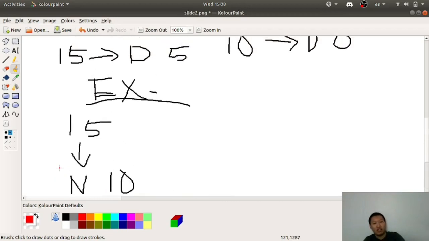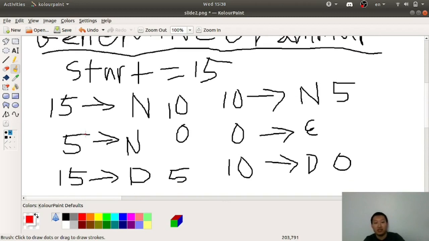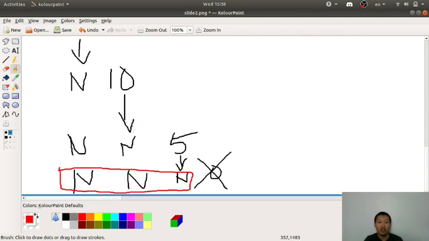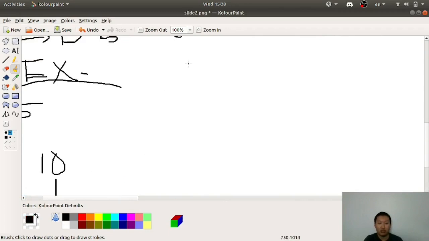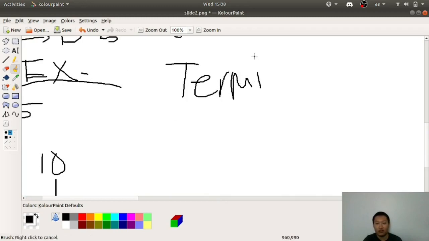Okay. And so there are two different types of symbols in these rules here. There are the symbols that are part of our alphabet, so the N and the D. Those show up at the end of our derivation, so we're going to call them terminal symbols. Terminal symbols are going to be the members of our alphabet.